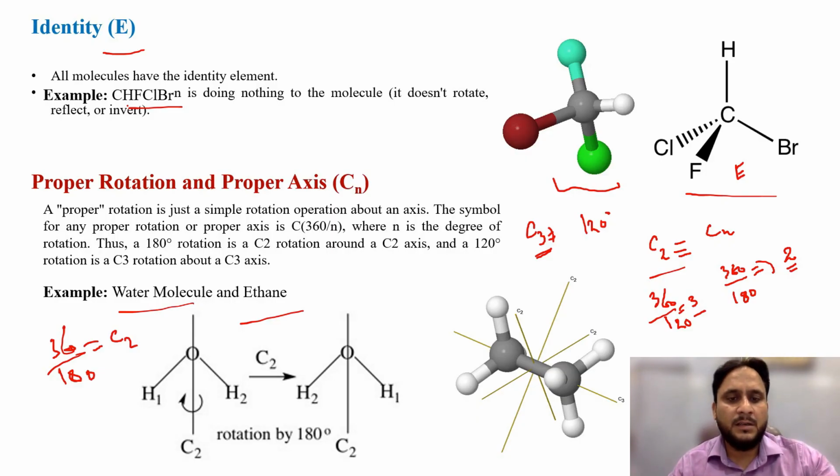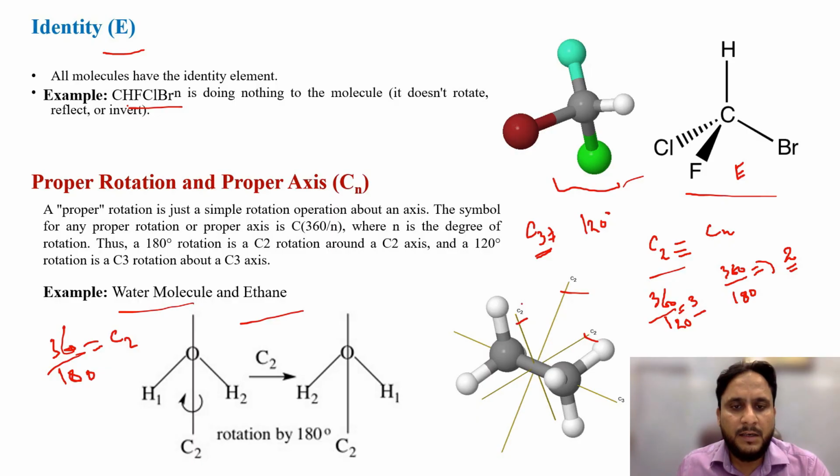So in this particular molecule there are 3 C2 axes passing through the molecule, and 1 C3 axis, while in the case of water there is only 1 C2 axis.